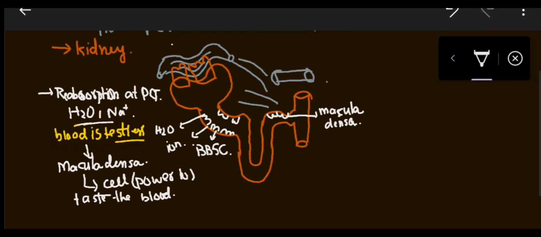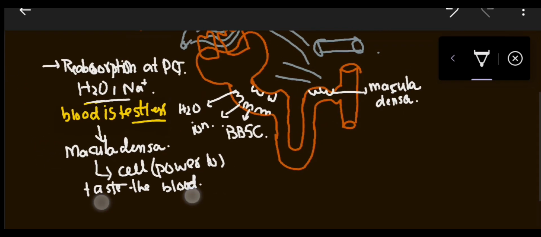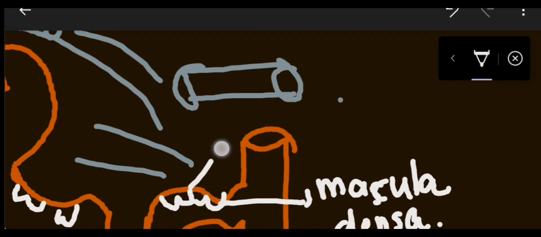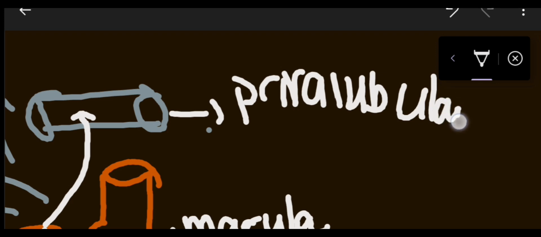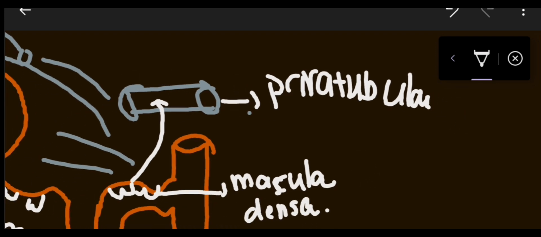And here you can see, when the macula densa tests the blood, they will inform the peritubular capillary. They will tell the peritubular capillary to secrete. Okay.